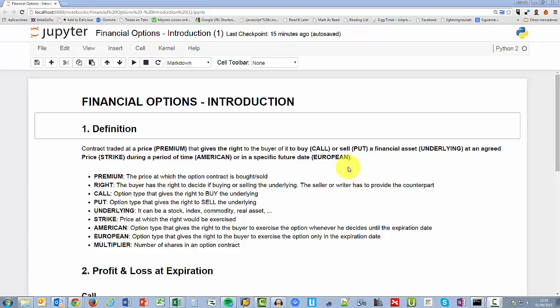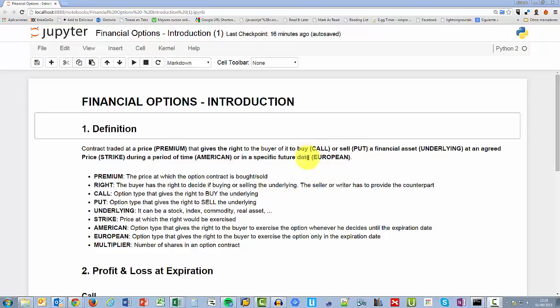So we need to know the expiration date so that we can know the period in which we can exercise this right. If we are talking about an American option style, if we are the buyer, we can exercise this option at whatever time before the expiration date.